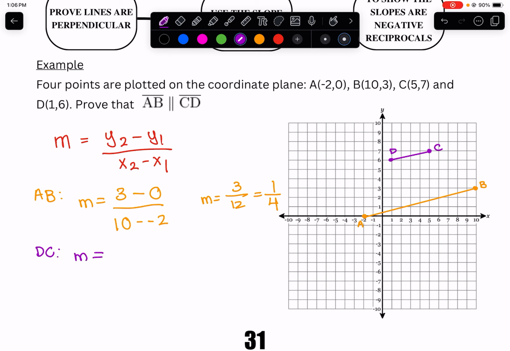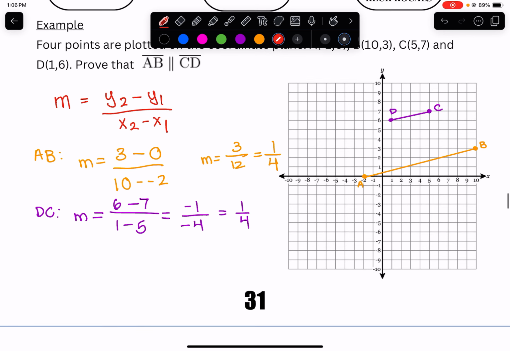So M is equal to 6 minus 7 over 1 minus 5, which gives me -1 over -4, which simplifies to 1/4. So now we can see that the lines are parallel because they have the same slope.